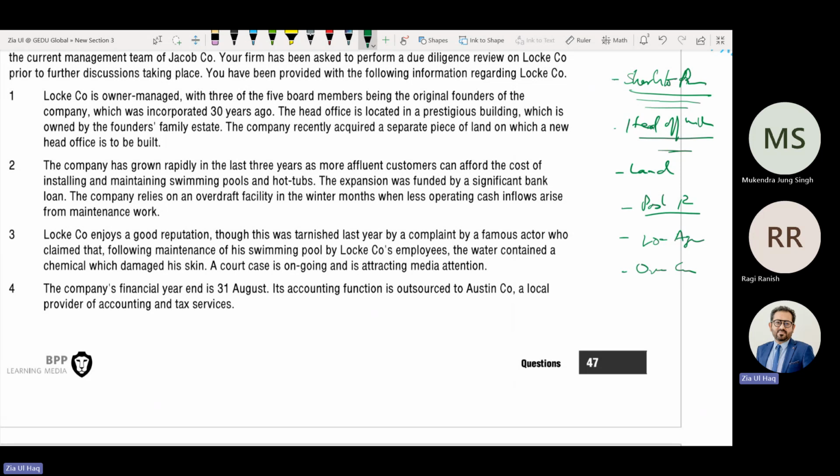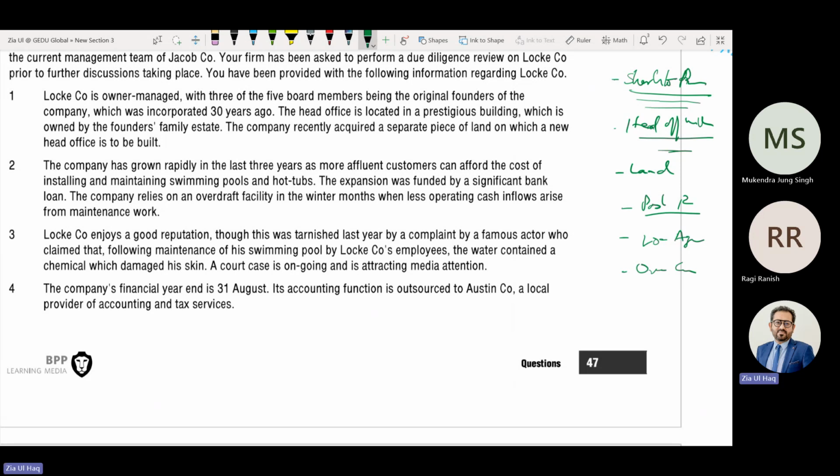Lockheed Company enjoys a good reputation, though this was tarnished last year by a complaint by a famous actor, Shah Rukh Khan, who claimed that following maintenance of his swimming pool by Lockheed Company's employee, the water contained a chemical which damaged his skin. A court case is ongoing and is attracting media attention.